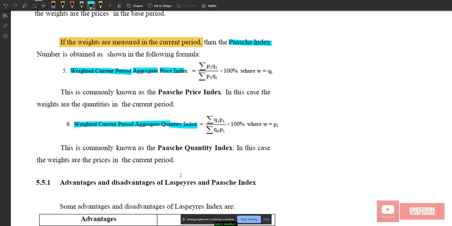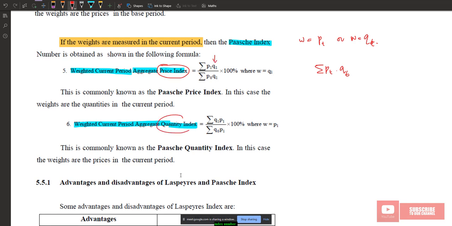So the weights are measured in the current period for the Paasche index, so W equals Pt or W equals Qt. It is the same formula, summation of Pt multiplied by W, where W here is equal to Qt, because when we are measuring the price index, the weight should be quantity.